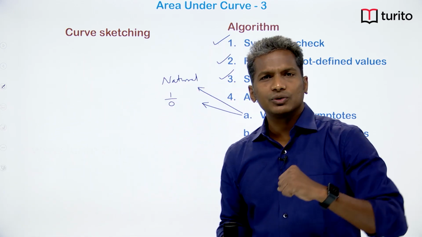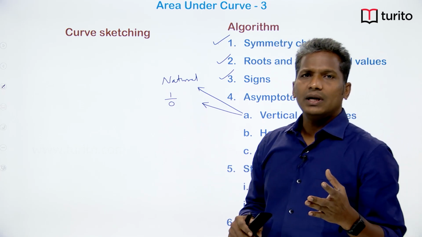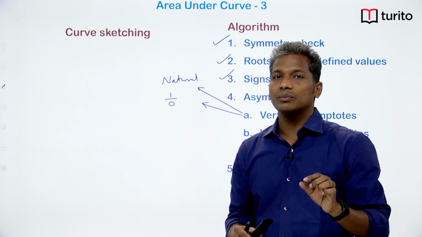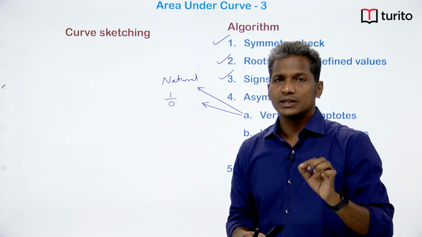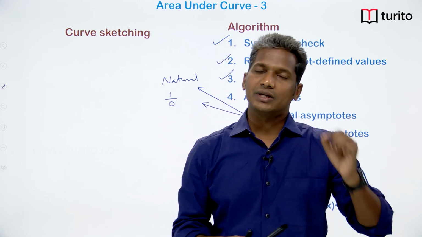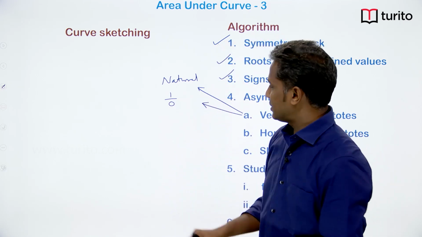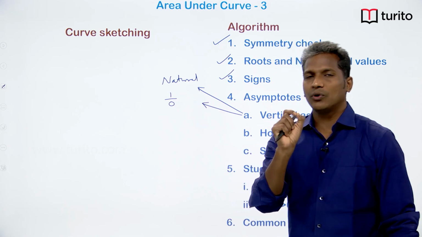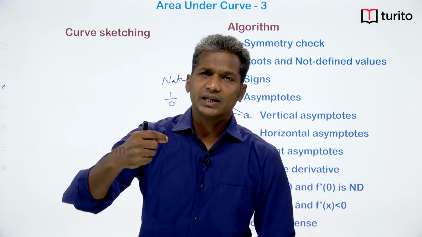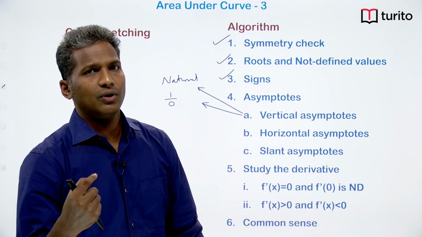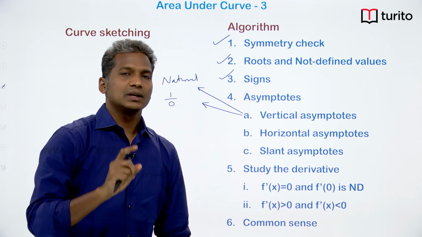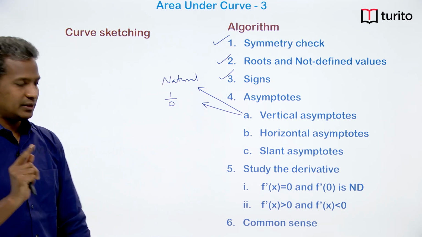That means by substituting any value, if the output becomes 1 by 0, I am not talking about 0 by 0, I am talking about only 1 by 0. 0 by 0 will not give you an asymptote, but 1 by 0 will give you an asymptote. Okay, so this is one hint which you have to remember, that if there exists any situation of 1 by 0 or any constant by 0, but the constant must be a non-zero value, then vertical asymptotes are possible.